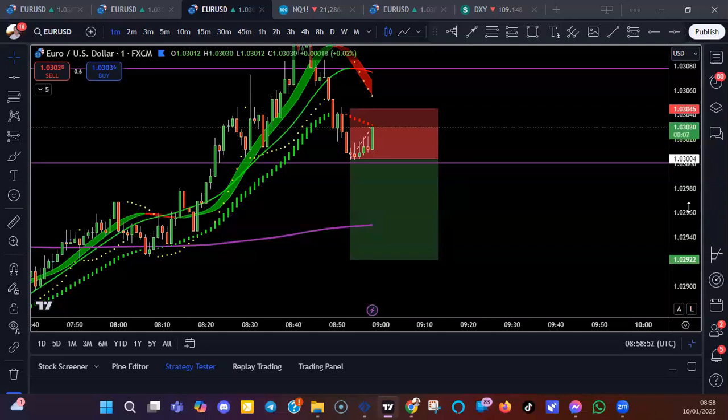But again, on the 5-minute time frame, price went into the sell zone area.